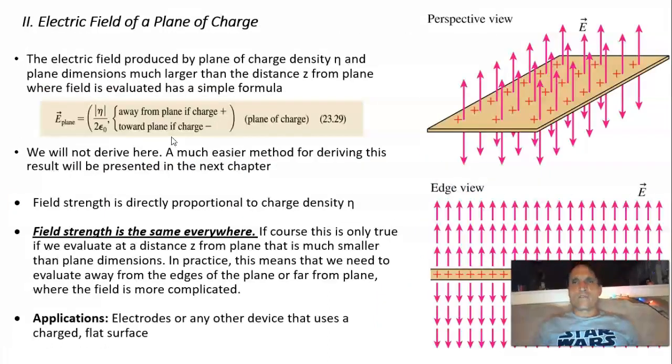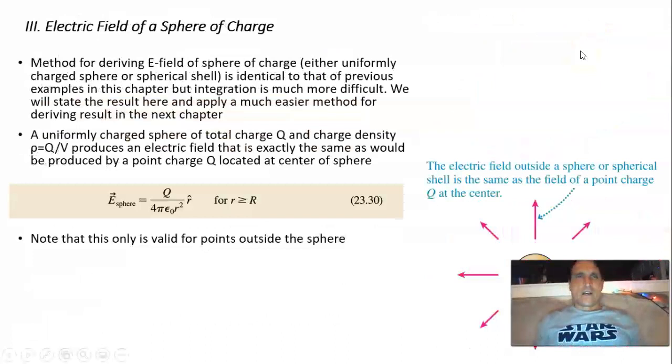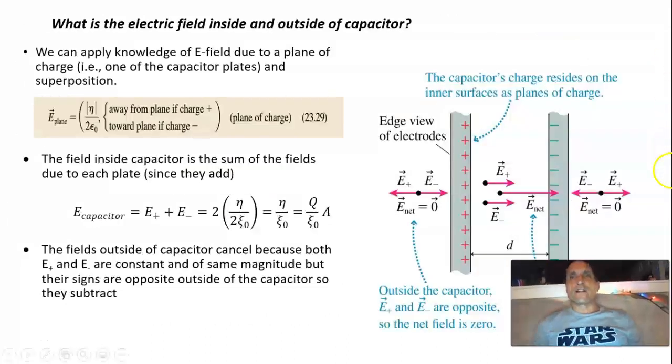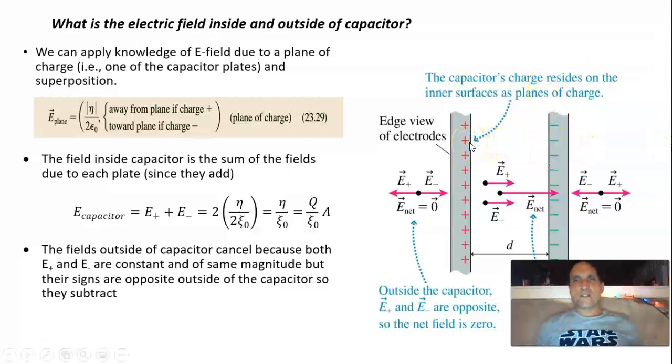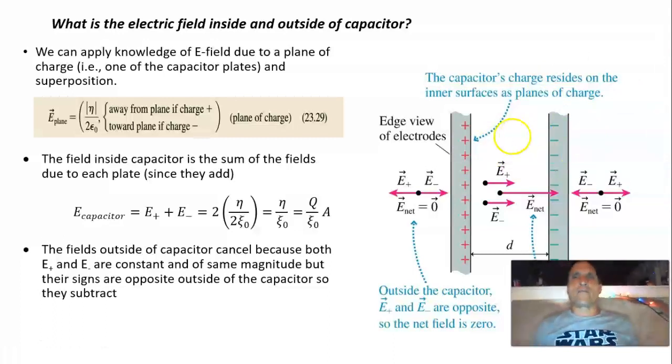So here's our solution again for a positively charged plate. You have a uniform field and it's pointing away from the plate. Here we have two plates, which means we can apply superposition. We can add the solutions to the electric field produced by each plate. So let's see what that looks like. Let's start easy.